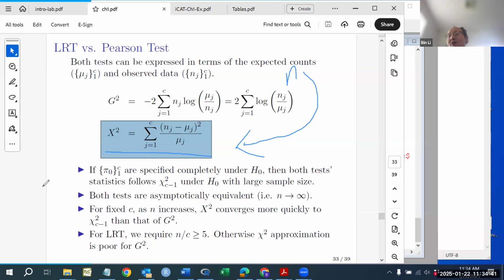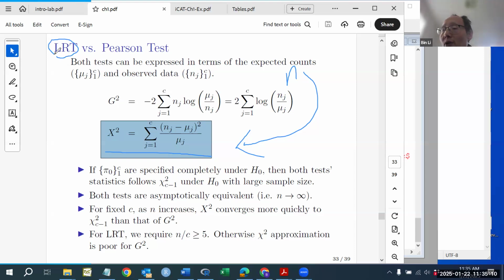Okay, but then you may ask, why do we need to have a suboptimal test, the likelihood ratio test? We can always use Pearson's test. Why do we need this test? There's always a reason. Okay, so the next example gives you a reason, because the likelihood ratio test is more general.